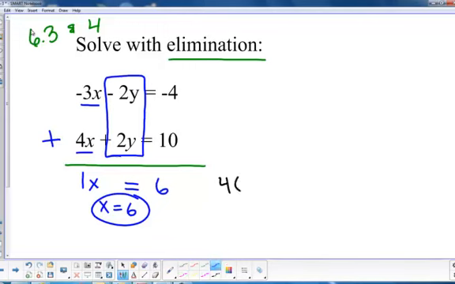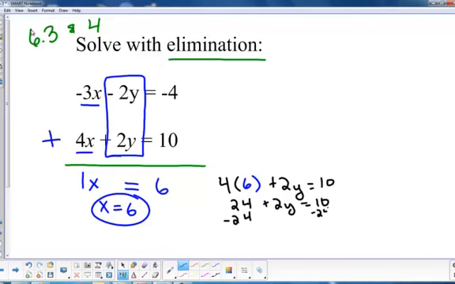So 4 times 6 plus 2y equals 10. Therefore, y is negative 7. So the ordered pair point where they cross is at 6, negative 7.